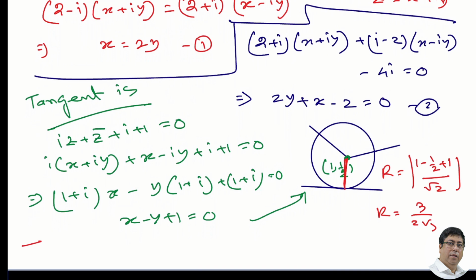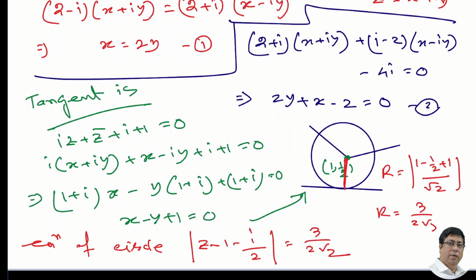Therefore, the equation of the circle is in the form of the circle with radius 3 by 2 root 2. Now, let's go to the next sum.